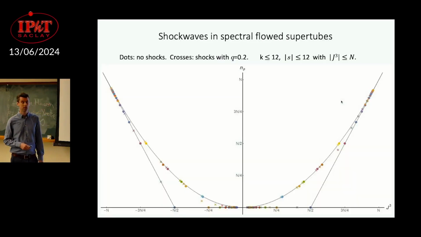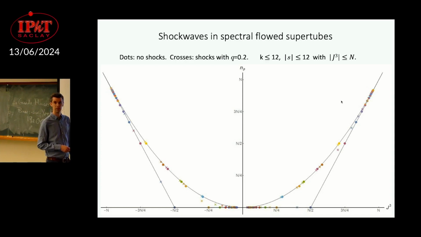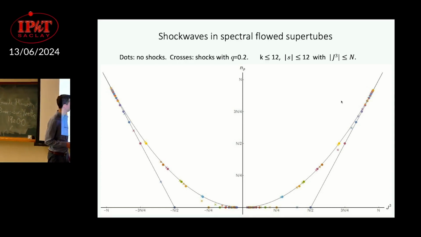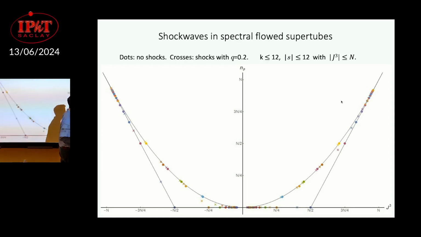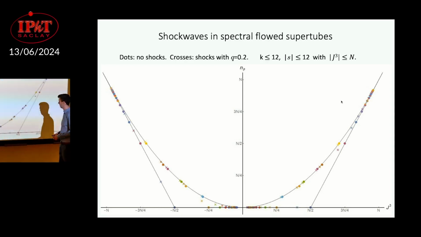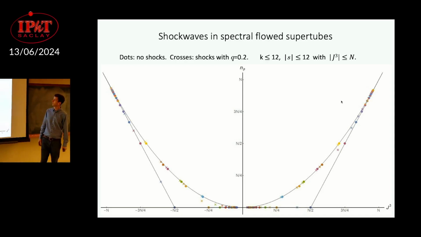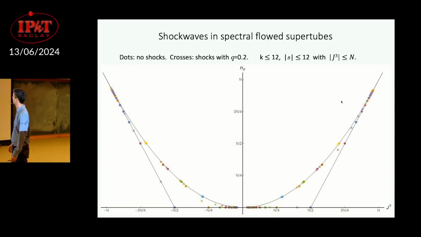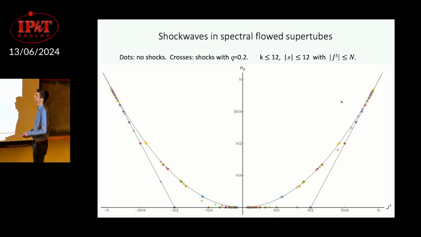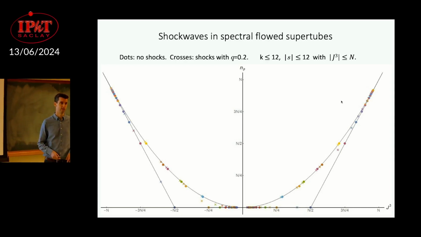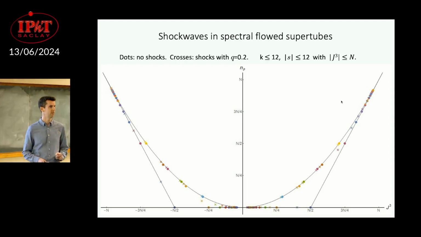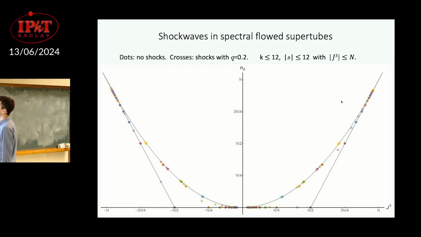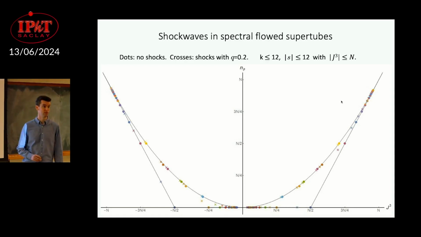So, I don't know whether the bottom of this plot is beyond your horizon, but let me flash briefly some of the states and their quantum numbers in this space of solutions. Here I'm plotting both the spectral flowed supertubes without shock waves and also a subset of the shockwave solutions.